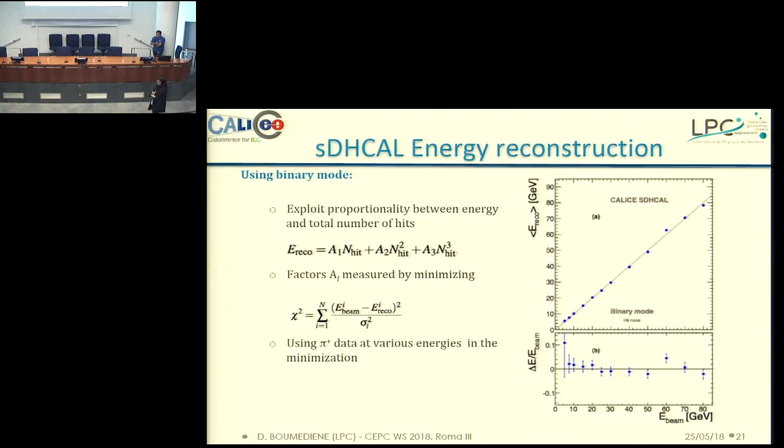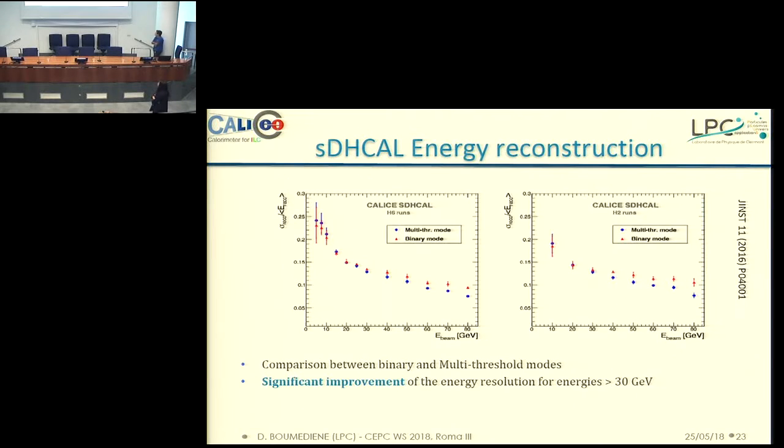So if you look at high energy, you can see that we are reaching between 7 to 8% relative resolution. In their case, they are reaching 6%. But it was with the physics prototype, so we're waiting to see the results with the technological prototype. I expect that we'll have similar results.